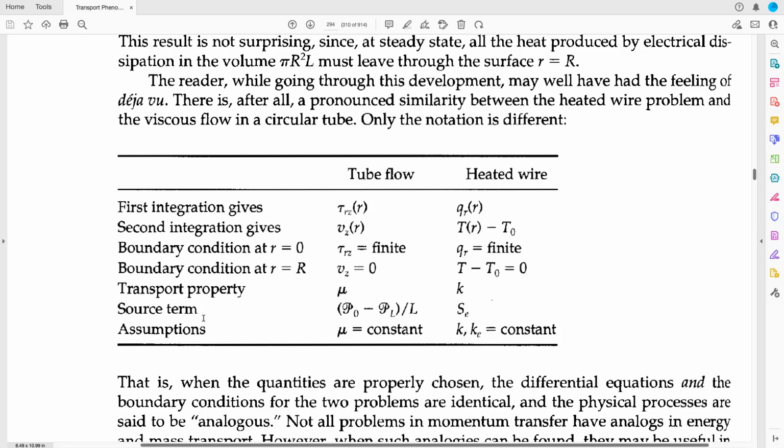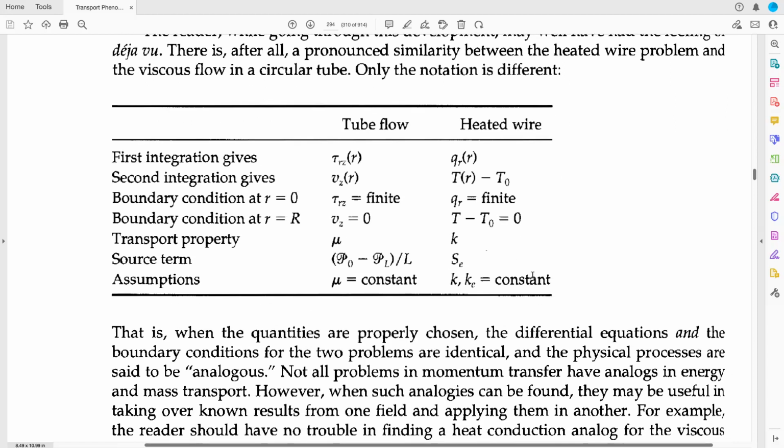The source term for the momentum flux is the pressure difference, P0 minus PL divided by L, which is equal to Se. The assumption is that when mu is constant, in this case k is constant. So we can see that it is quite an analogous process.